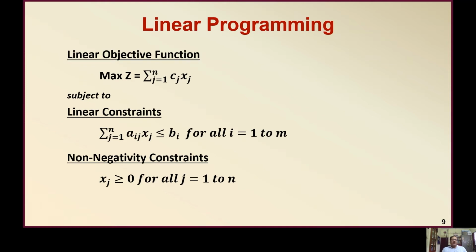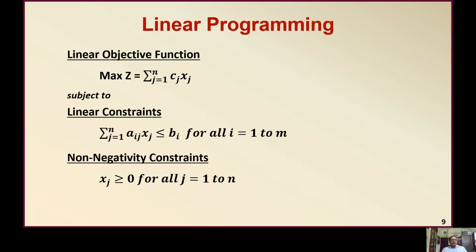So, a quick recap of what I just said: there should be an objective function, it should be linear, and it should be subject to a set of linear constraints. Those linear constraints are additive in nature, in the sense that if there are a number of decision variables and each requires a certain amount of resource per unit, the total resource required of one type is the sum over j equal to 1 to n of aij xj, and that should be less than or equal to bi, the total availability of the resource.